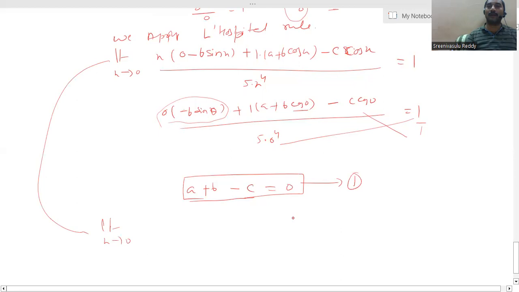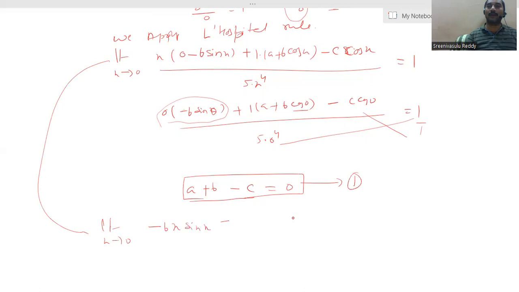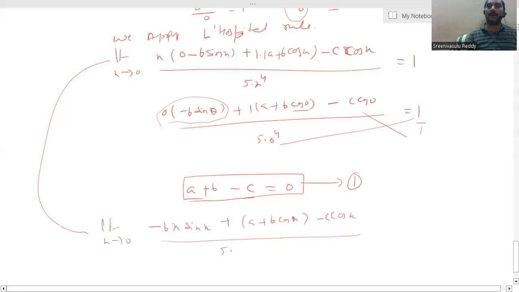Here we have the simplified expression, b x sin x plus a plus b cos x minus c cos x, divided by 5 x power 4, equal to 1.